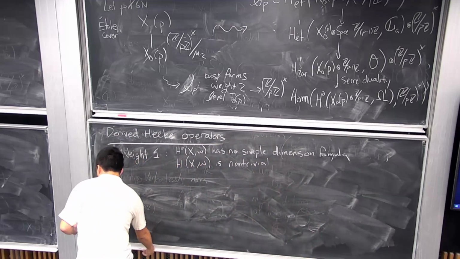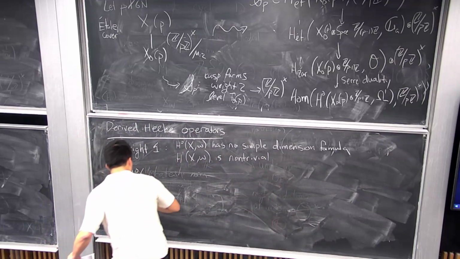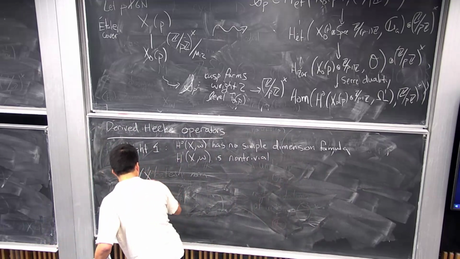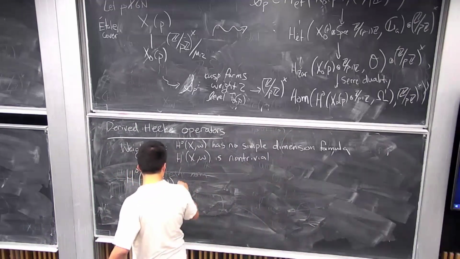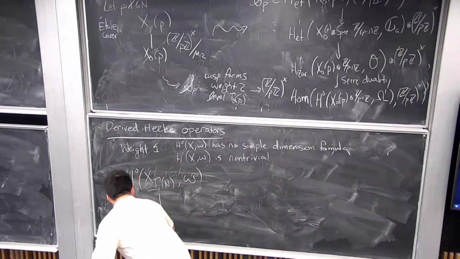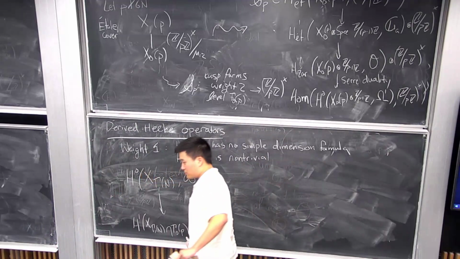And so when you construct the classical Hecke operator, let's start with X1(N). Usually you add a level p structure, gamma 1(N) intersect gamma 0(p), and then you go back up.